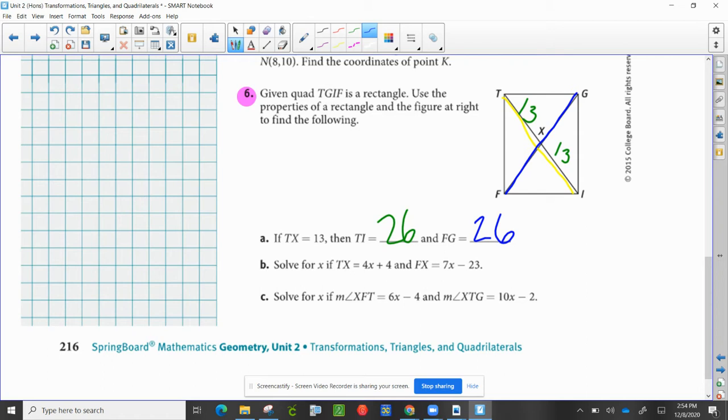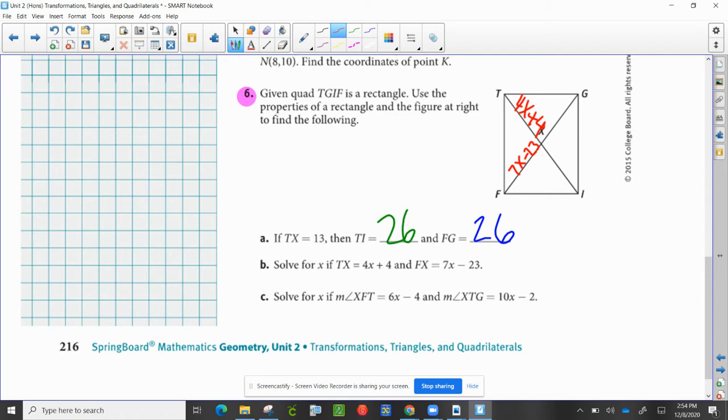We're going to solve for x if TX is 4x plus 4. So let's erase this and get a clean picture. So if TX is 4x plus 4, okay, and FX is 7x minus 23. Okay, so setting this problem up, we know that the diagonals bisect each other.